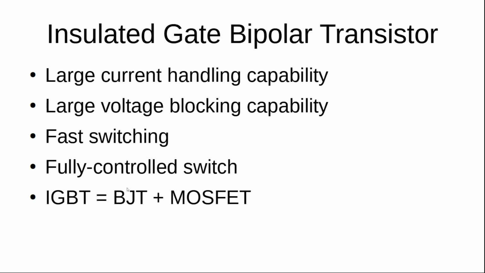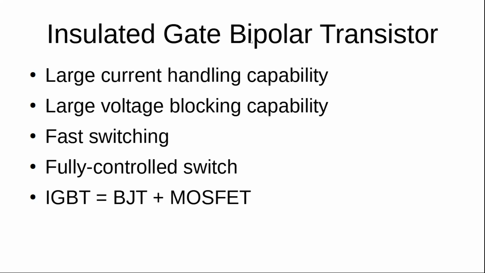It overheats and fails. So we look for a device that can take the benefits of both. So we have a transistor called an insulated gate bipolar transistor. So it's a bipolar device.